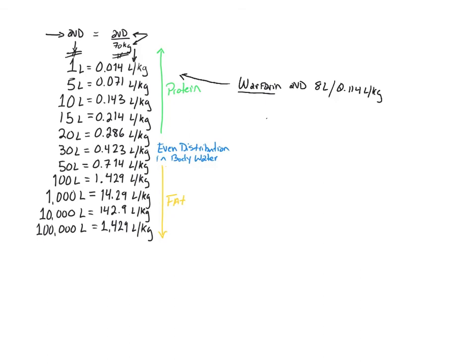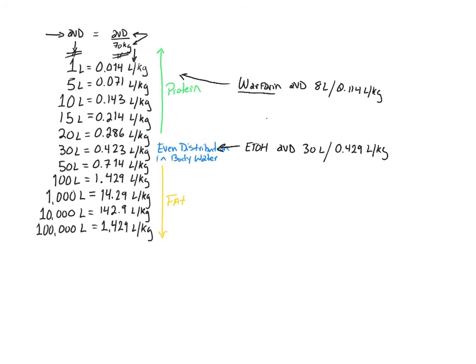Then another drug is ethanol. This is drinking alcohol, ETOH, ethanol, and it has an apparent volume of distribution of about 30 liters, and that would be about 0.429 liters per kilogram approximately. And what does that tell us about ethanol?